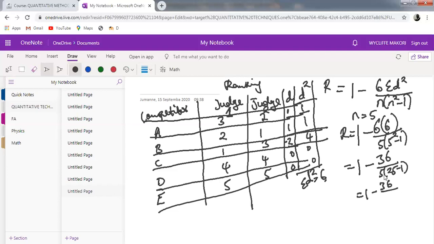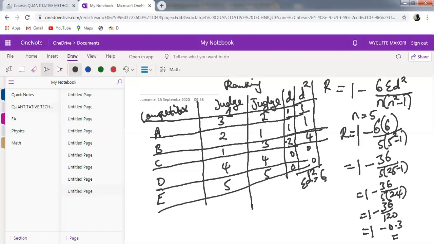over 5 times 24, which is 120. So we are going to have it as 1 minus 36 divided by 120, which is 0.3.